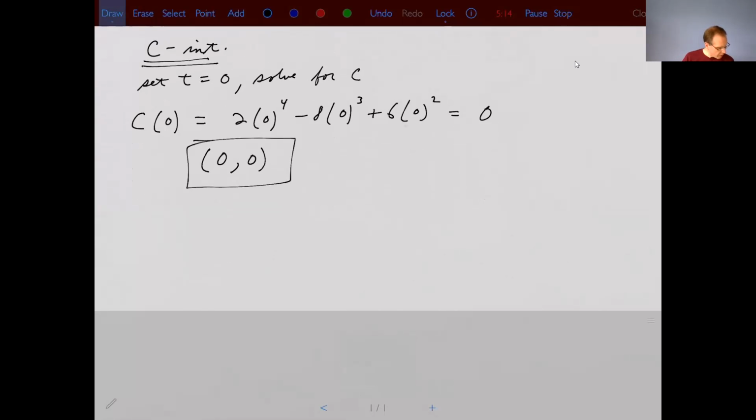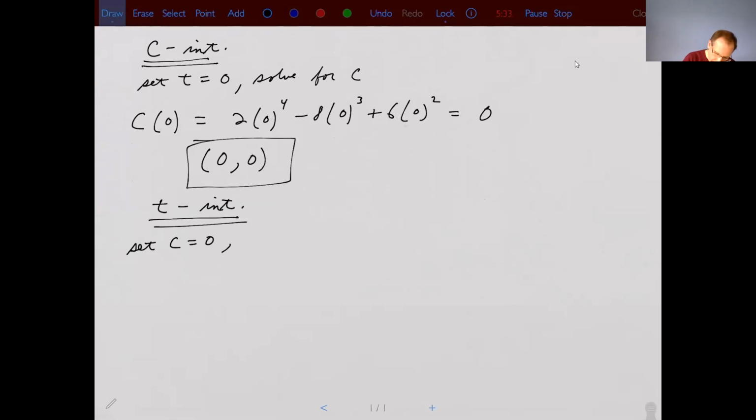Okay, now what about the t-intercepts? Well, the t-intercepts are kind of like our x-intercepts. So I would set the output, c, equal to 0, and now solve for t.